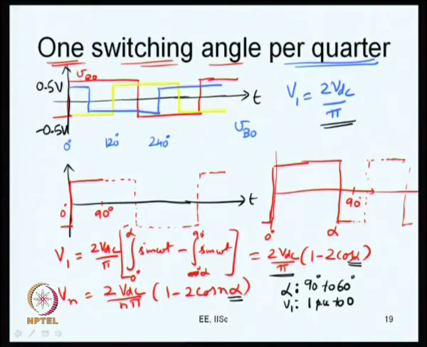And you see, with alpha, this variation is cosinusoidal. I mean, it is a transcendental function, but here alpha varies only from 90 to 60 degrees. If you look at, for example, the fifth harmonic, again for this variation of alpha between 90 to 60 degrees, 5 alpha will vary between 450 degrees to 300 degrees. So, that is a larger amount of variation.